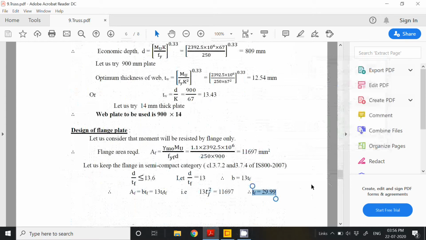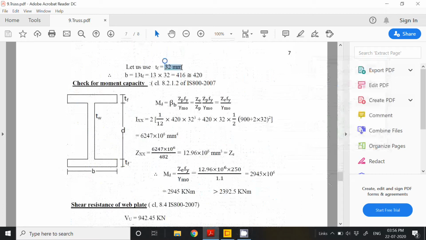So ultimately flange we provide 32 mm thickness, and 13 into 32, which is the width, which is equal to 416, but we provide 420 mm. Now we have got the flange, which is 420 by 32, and web we have got 900 by 14.